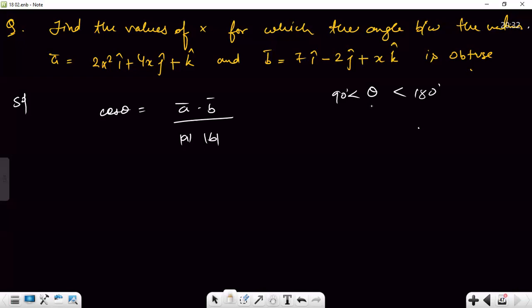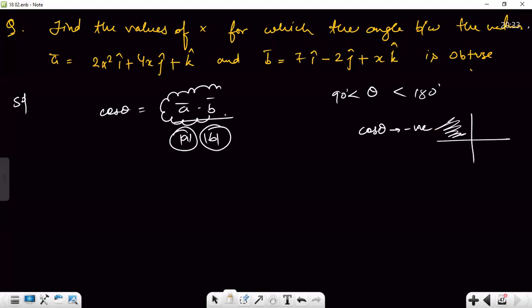Now, when theta is lying between 90 and 180, that is in the second quadrant, cosine theta is negative. If cosine theta is negative, the magnitudes can never be negative, so the numerator has to be negative.